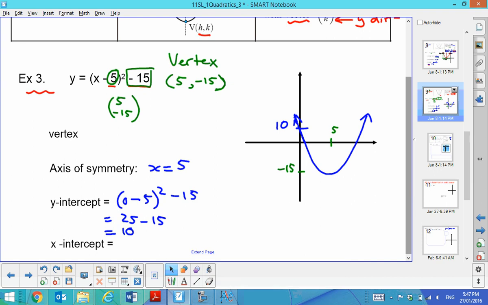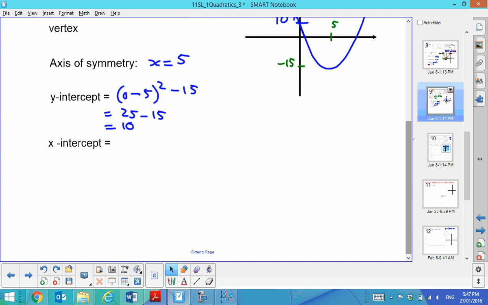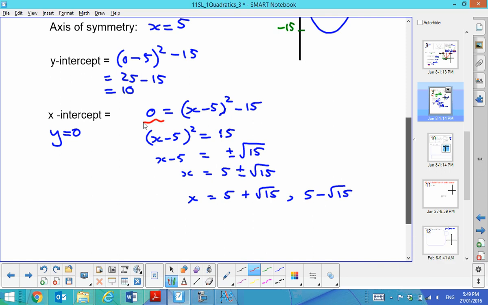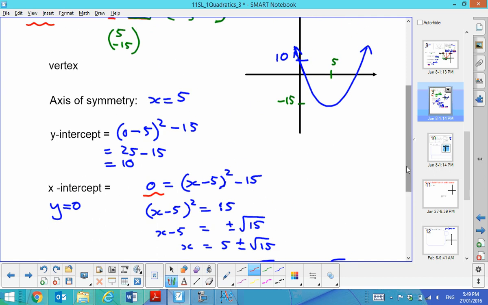X-intercepts. How do we get our x-intercepts? Do you remember how to get your x-intercepts? You're solving y equals 0. So when you solve y equal to 0 in our equation, then solve that for x, a bit of algebra, which hopefully should be easy for you, we come up with our two solutions at 5 plus root 15, 5 minus root 15.